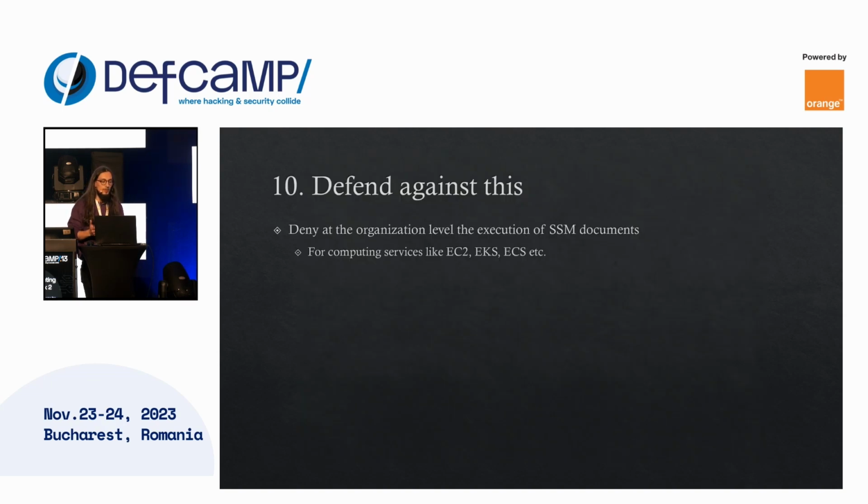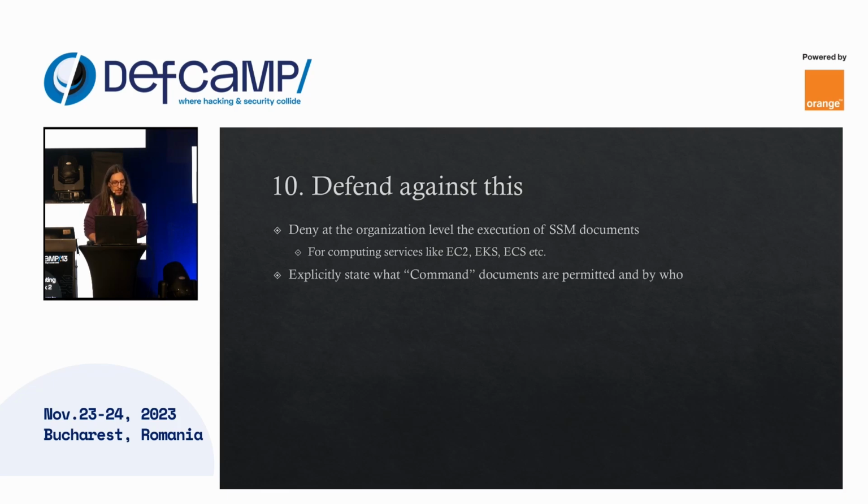Now, to defend against this, you need to deny at the organization level the execution of SSM documents, at least for computing services, like EC2 or AKS, which should not use the SSM Run Command feature, right?